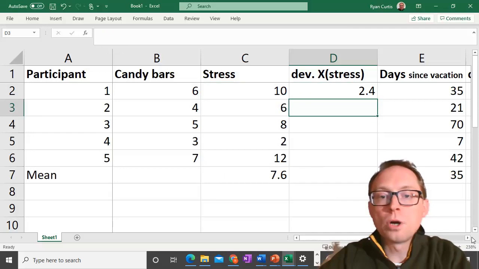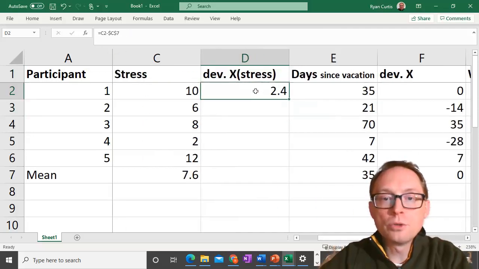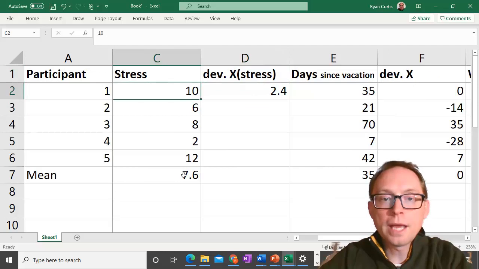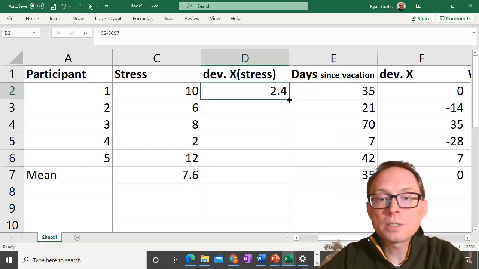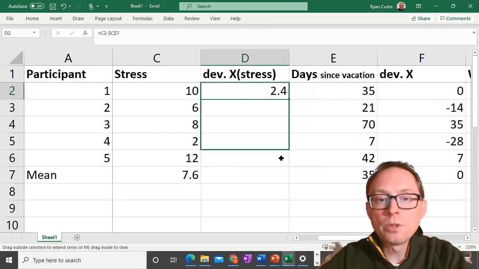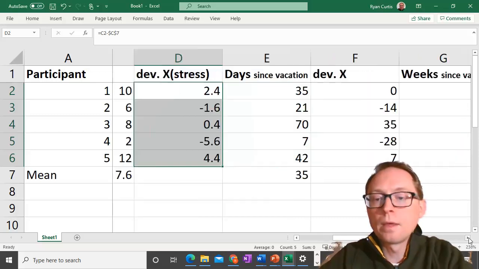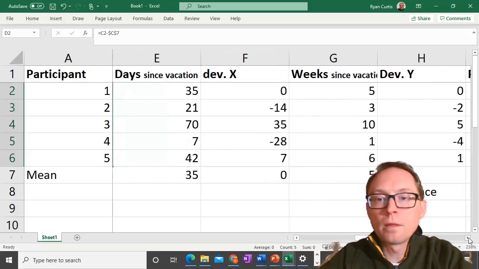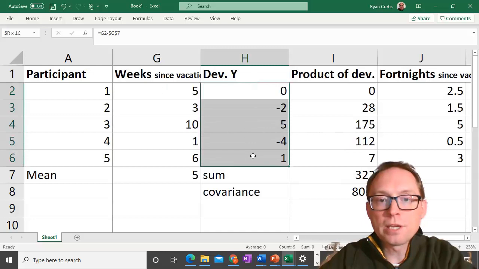So participant 1 has a deviation of 2.4, because their stress of 10 minus the mean of 7.6 equals 2.4. We do that for everybody. Here it is. Okay, this is the deviation for everybody. Then we do the same thing for weeks. Now we already have that. Here are all the deviations for the weeks.